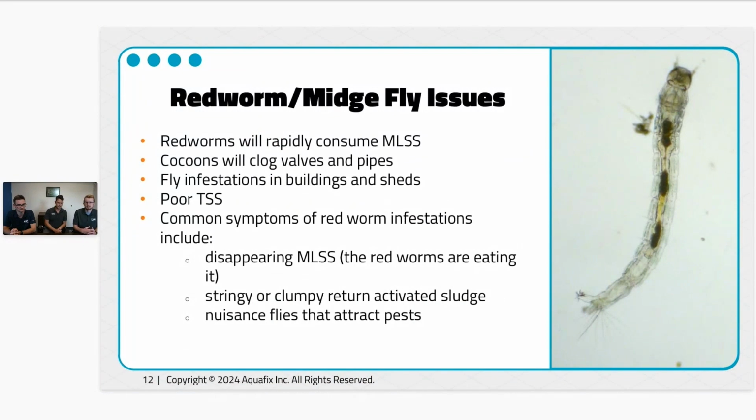So a lot of the times we'll be able to indicate or see that there are redworms in the system. A lot of times plants are seeing them in the clarifiers, around walls, things around those lines. The biggest one being what they're doing to our mixed liquor and aeration basin, which we might not be able to see right away. And I think the biggest complaint we hear from operators or anyone who's working in the plant or visiting is what they're doing for building up in sheds, indoor buildings, and kind of the pest side of the problem.